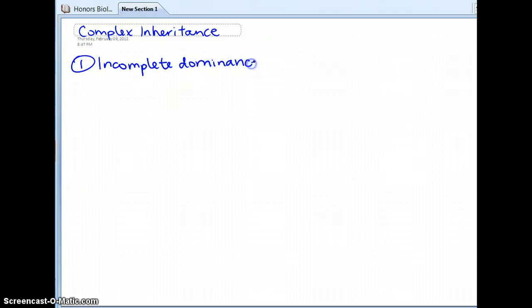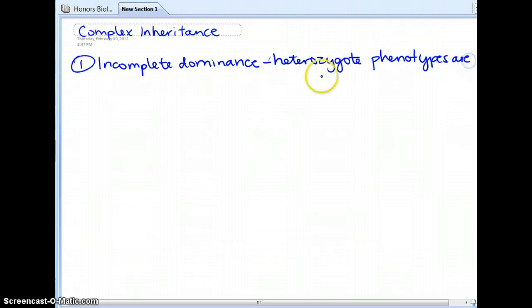And incomplete dominance is when the heterozygote, so think about a heterozygote, the phenotypes are intermediate. Okay, now what does that mean? What does that produce?